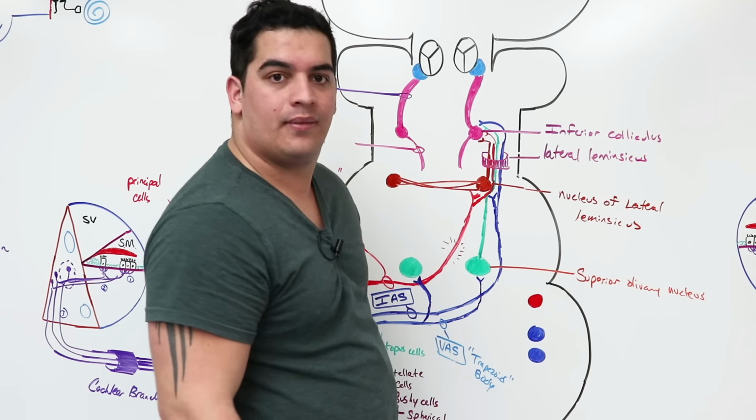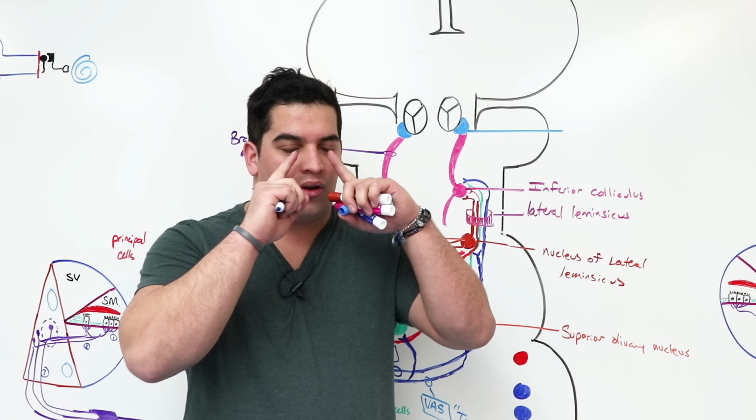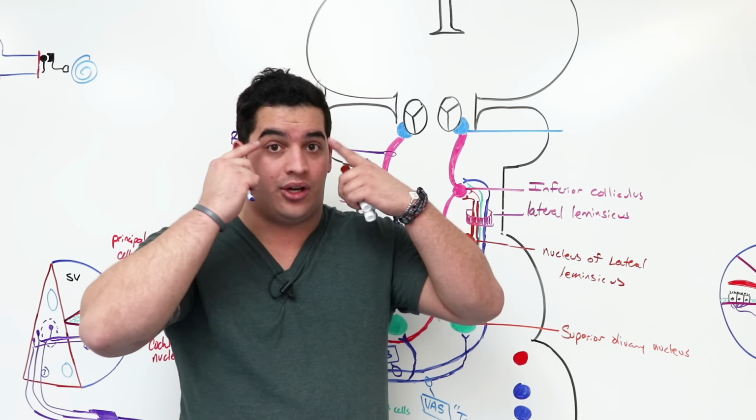Now, once these fibers terminate on these nuclei, what are these baby blue nuclei here called? These baby blue nuclei that are situated on the thalamus have a specific name. An easy way to remember this one: your eyes are medial, and your ears are lateral to your eyes.